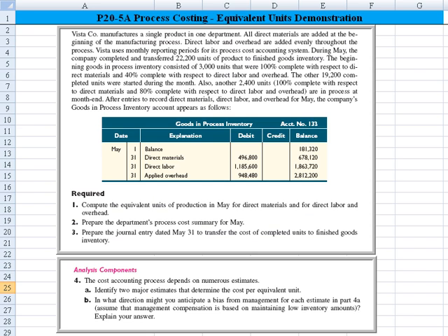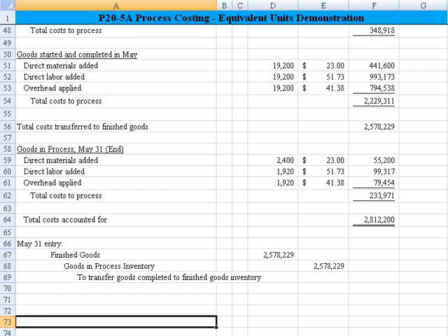Now, what are we asked to do on part 4? Part 4 is the analysis component, and they tell us that the cost accounting process depends on a number of estimates. Identify 2 major estimates that determine the cost of equivalent unit, and then in what direction might you anticipate a bias from management for each cost estimate in 4A, and explain your answer.